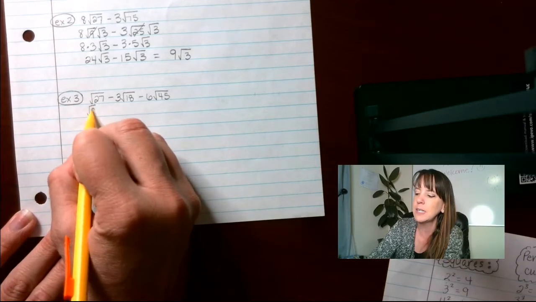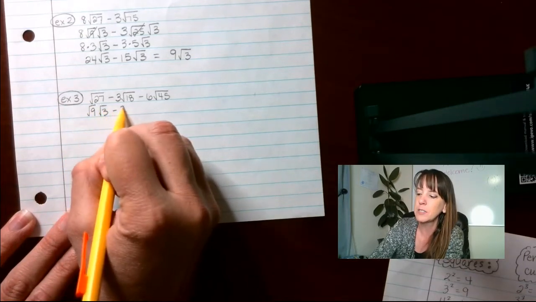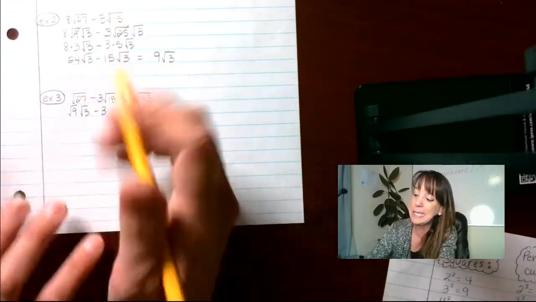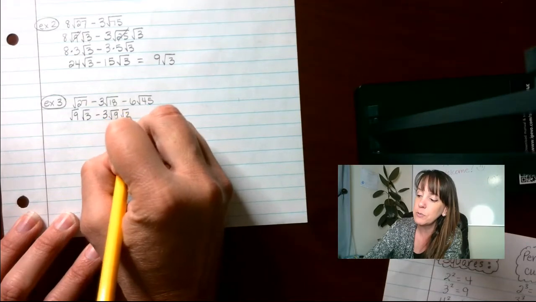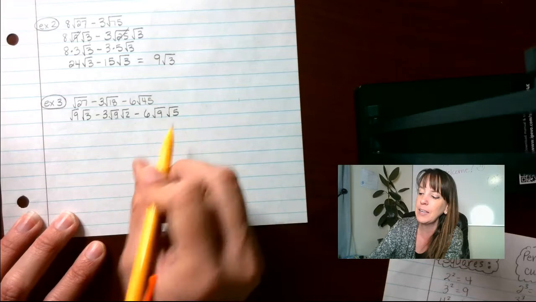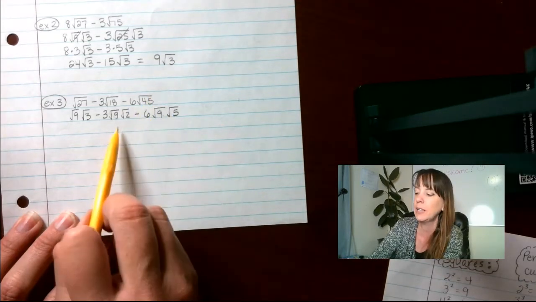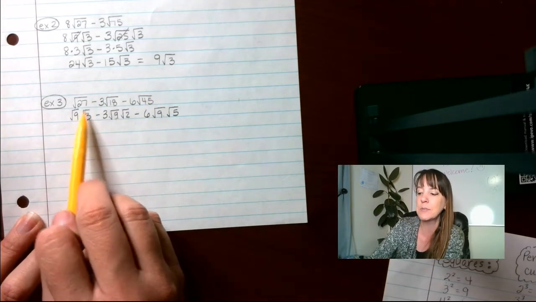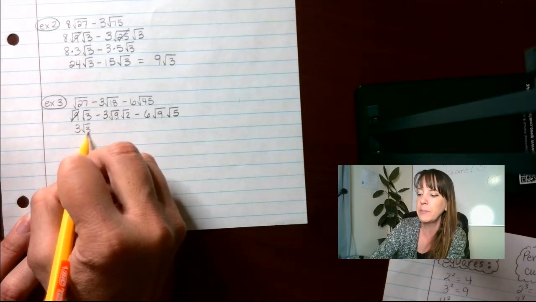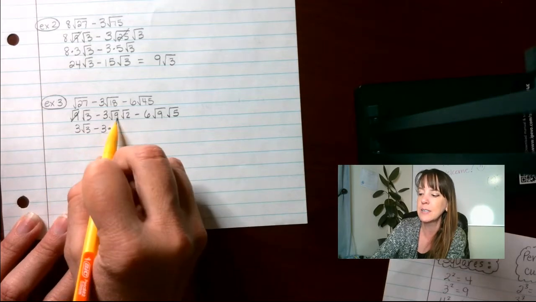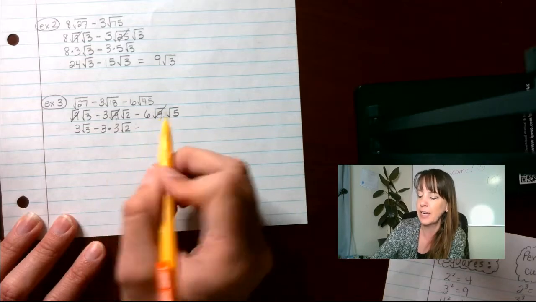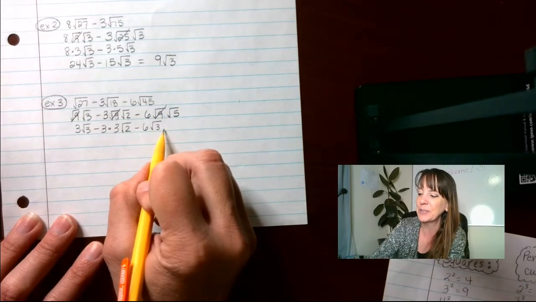But in the meantime, root 9, root 3, minus 3 times root 9, root 2, minus 6, and then root 9 times root 5, because 9 times 5 would give us 45, 9 times 2 would give us 18, 9 times 3 would give us 27. All right, so the square root of 9 is 3, so 3 root 3, minus 3 times the square root of 9 again is 3, root 2, minus the square root of 9 again is 3, so 6 root 3, root 5.